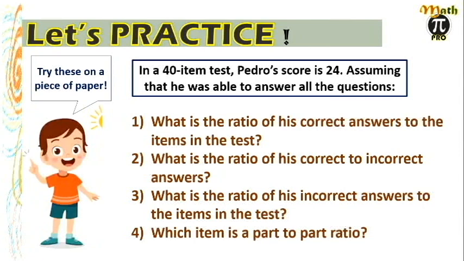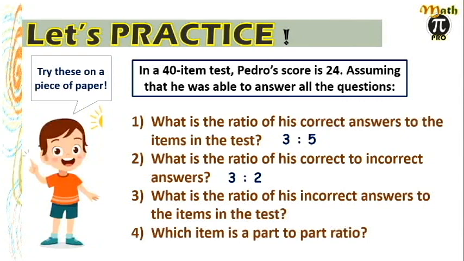Number 1, the answer is 3 is to 5. Again, your answer should always be in simplest form. Number 2, the answer is 3 is to 2. Since his score is 24, that means his incorrect answers are 16.